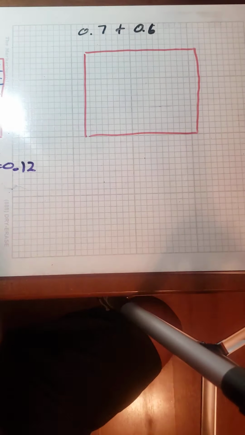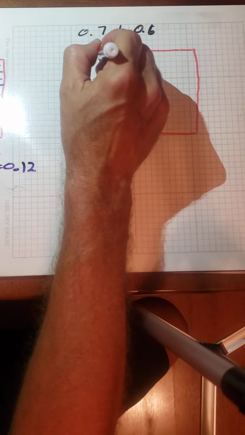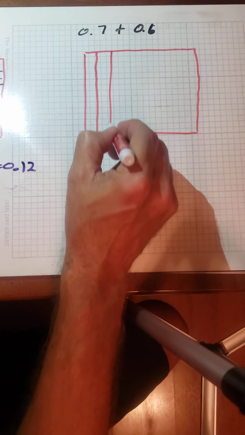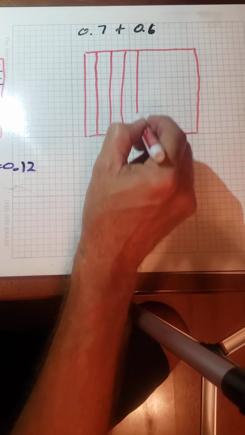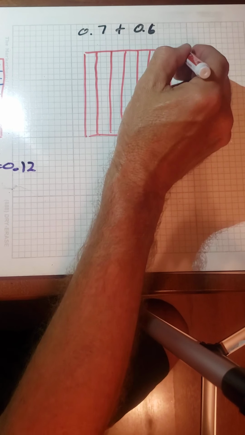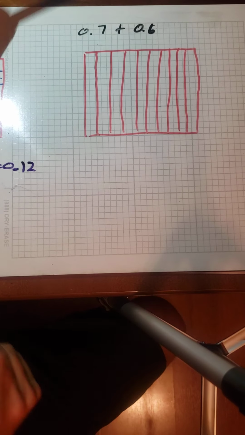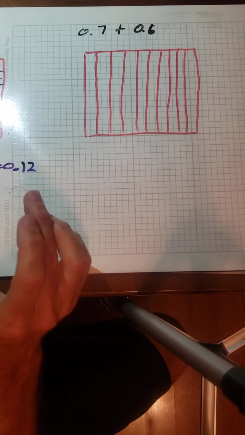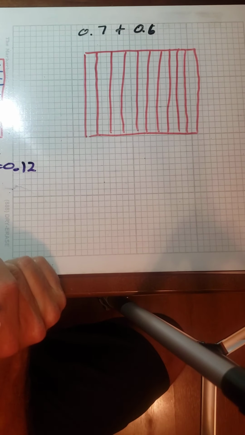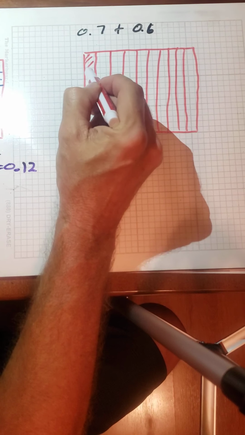Make sure that I'm on the board. Yep. All right. So now I need to break this into tenths. All right. So there's the unit that I have drawn, and it's broken up into tenths. And now I have 7 of these. So let me color in my 7.